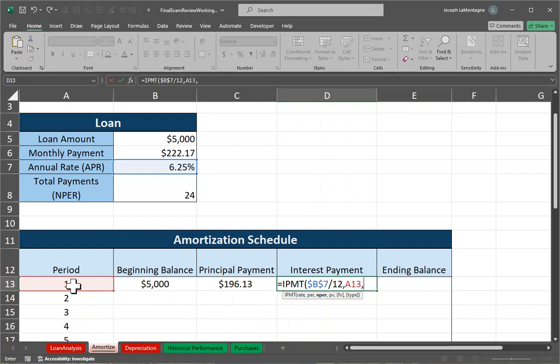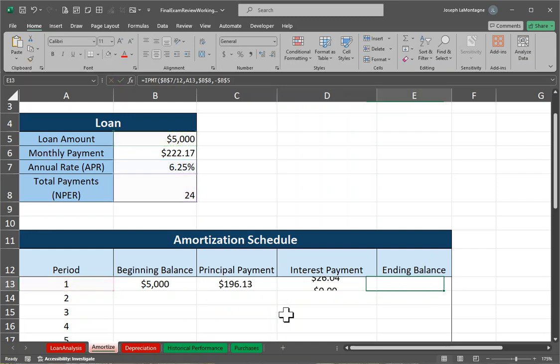I don't know why they did that. It would be nice if they put it in the same order that we're familiar with. So the NPER is the number of periods, which is B8 absolute. And then the present value again is the negative B5, and make it absolute. The other two arguments, the future value and the type, are optional. And then we'll just tab over.